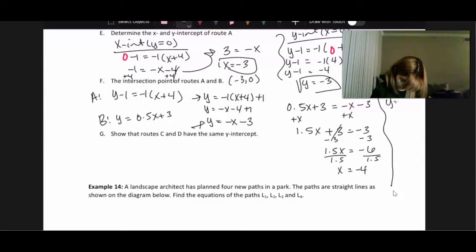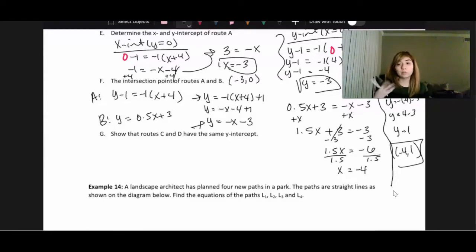So y equals negative 4 minus 3. Negative negative 4 is positive 4. y equals 1, so my point of intersection is negative 4, 1. You could have also just graphed the two lines on your graphing calculator and found the point of intersection, which would still be negative 4, 1.